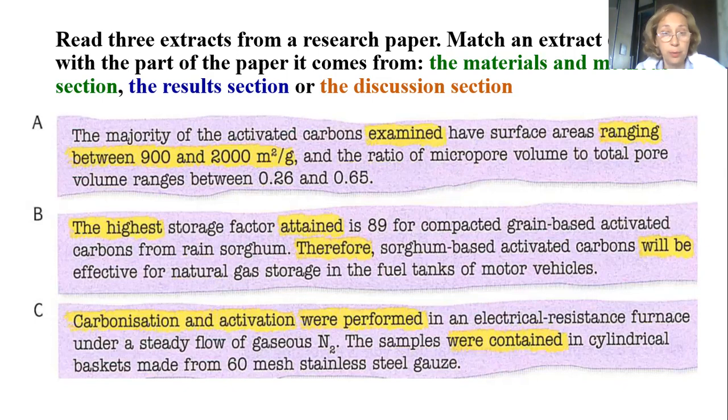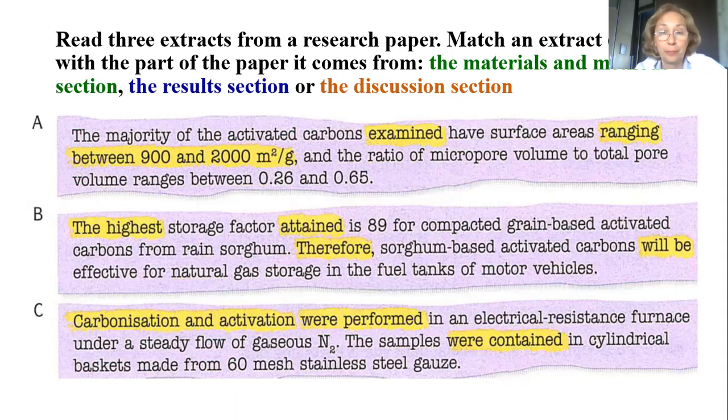Okay, Ardak, B is for you. The highest storage factor attained is 89 for compacted grain-based activated carbons from sorghum.